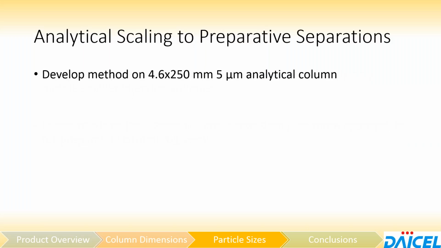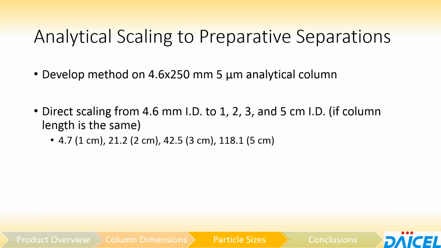Now, back at the very beginning of the presentation, I mentioned that 5 micron kind of straddles this very interesting line where it's useful for both analytical and preparative scale. And what we see a lot of times happen is customers will develop methods on 4.6 by 250 millimeter length, 5 micron analytical columns. And what they will do is they know that it translates well into preparative columns based on these scaling factors that I have shown here, a 4.6 millimeter ID column to a 1, 2, 3, or 5 centimeter ID prep column of the same length, easily scales.